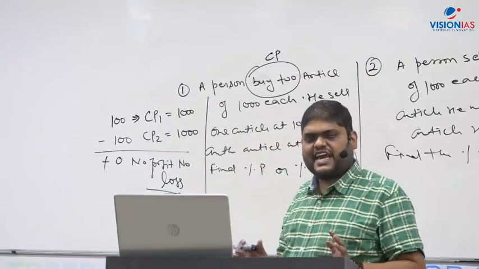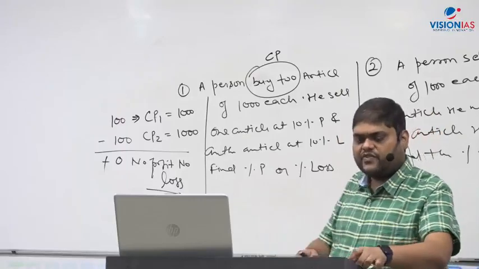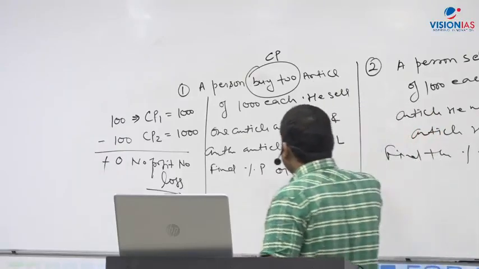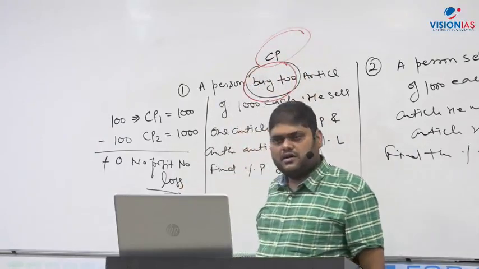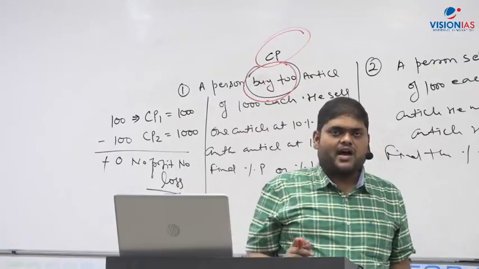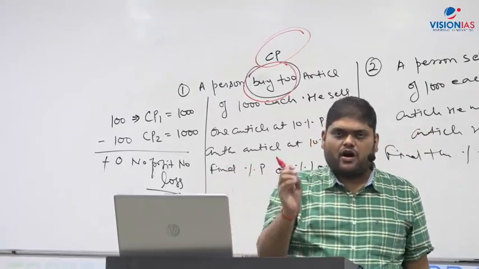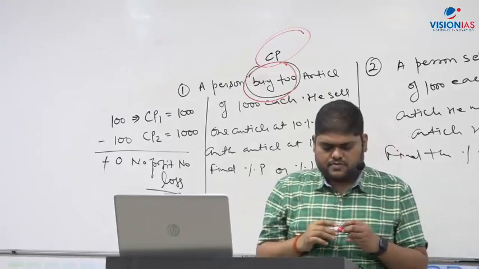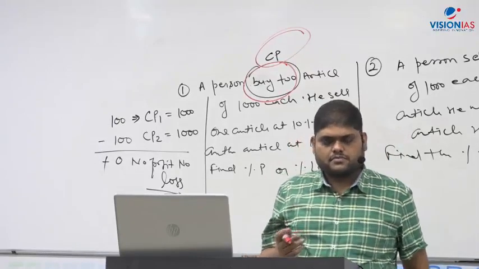So in the first case the answer will be no profit, no loss. And when will this answer come? When the cost price is given. Always understand this part: whenever cost prices are given, there will be no profit or no loss.